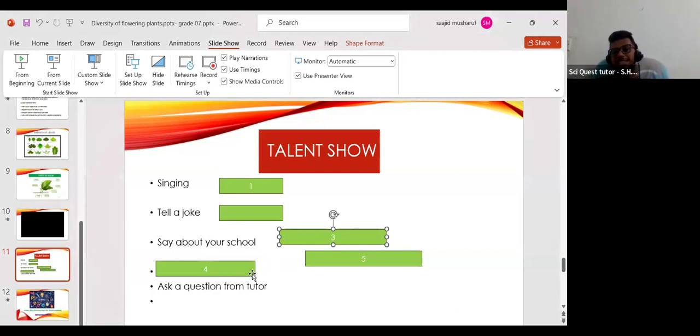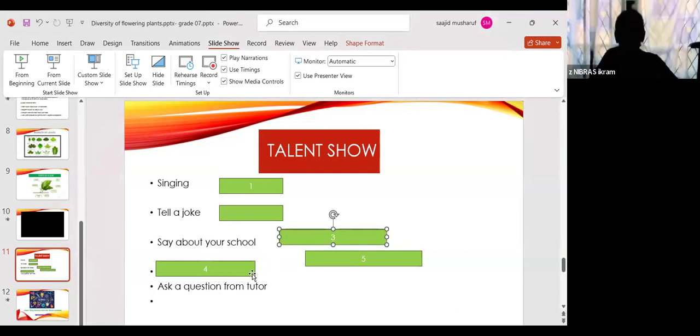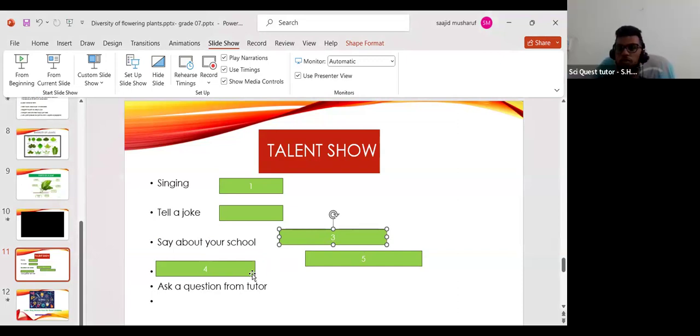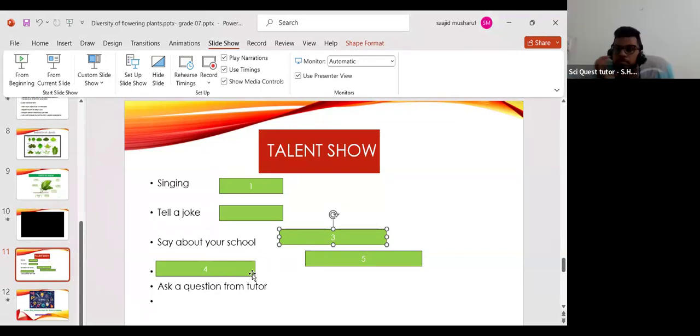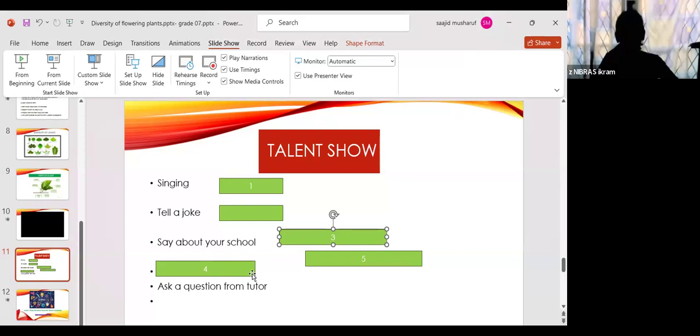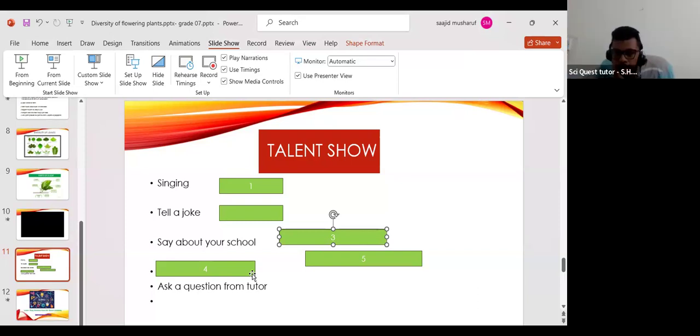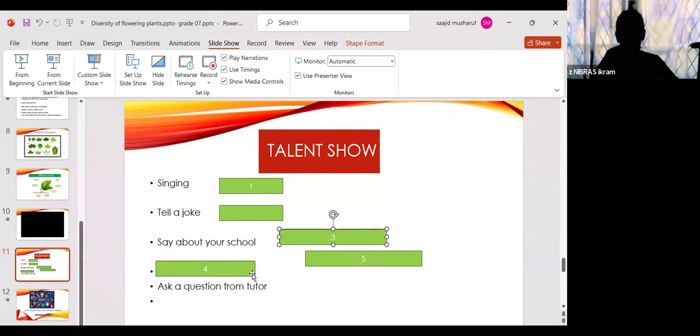Say about your school. Three sentences, or at least 4 to 5 sentences about your school. My school is St. Joseph College. It is situated in Nugegoda. Okay. Location is given. Good. What are the special things you have in your school? A science lab. My school has a science laboratory.